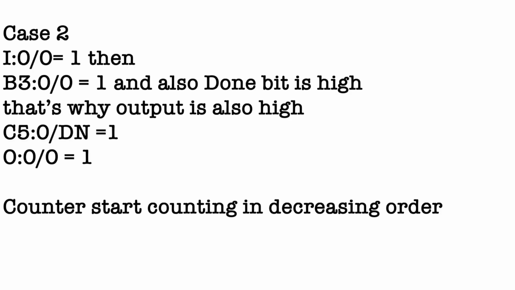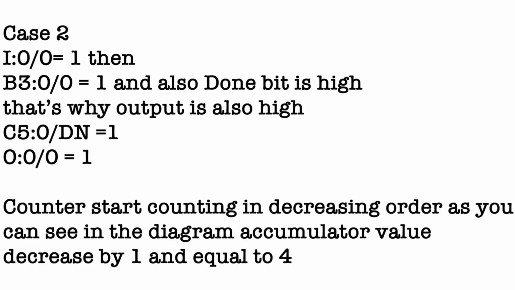Let's take another case. When I press the input switch, that is I:0/0 is 1, because of that my binary output B3:0/0 is 1, and because of that my down counter gets the supply. I already mentioned that when the down counter gets the supply, its accumulator counts in decreasing order.